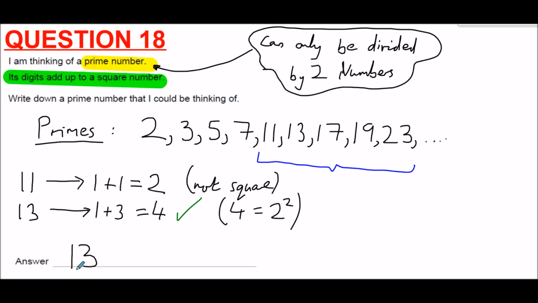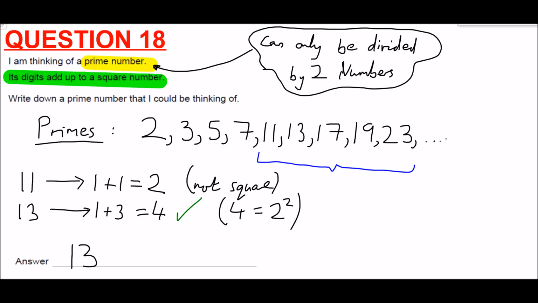And so that one, they must have been thinking of 13. Unless you wanted to go on even further with your prime numbers and find another prime number where its digits add up to a square number.